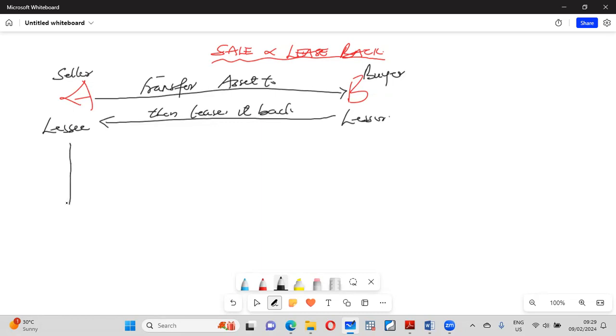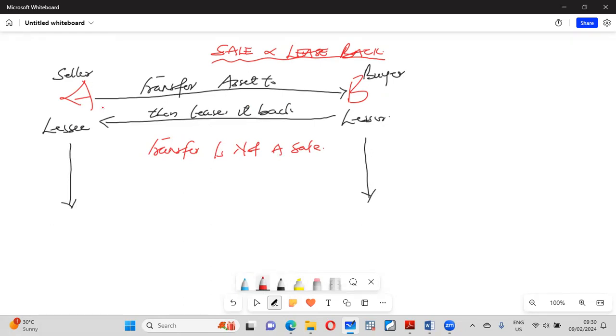Now, if it is a lessee, lessor relationship, we have to understand: did this sale meet IFRS 15? If it did not, we call it a transfer that is not a sale. What transfer are we talking about?